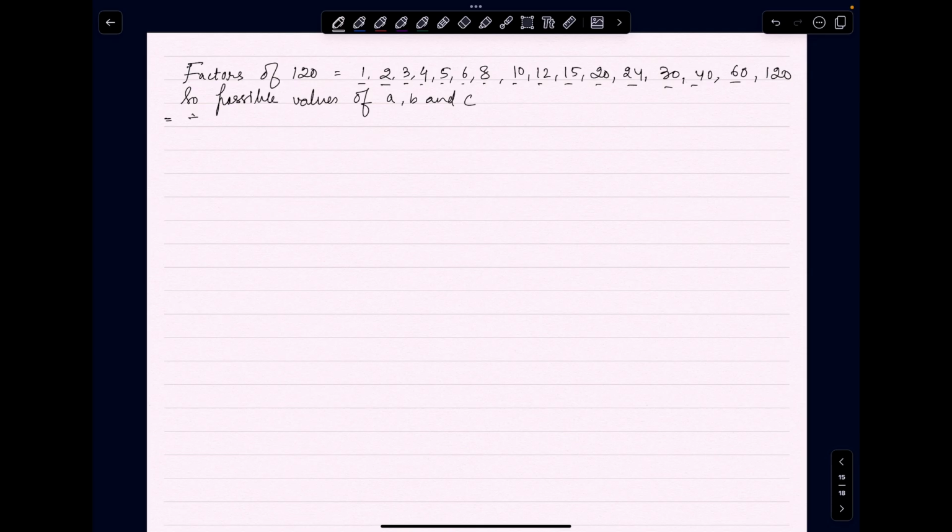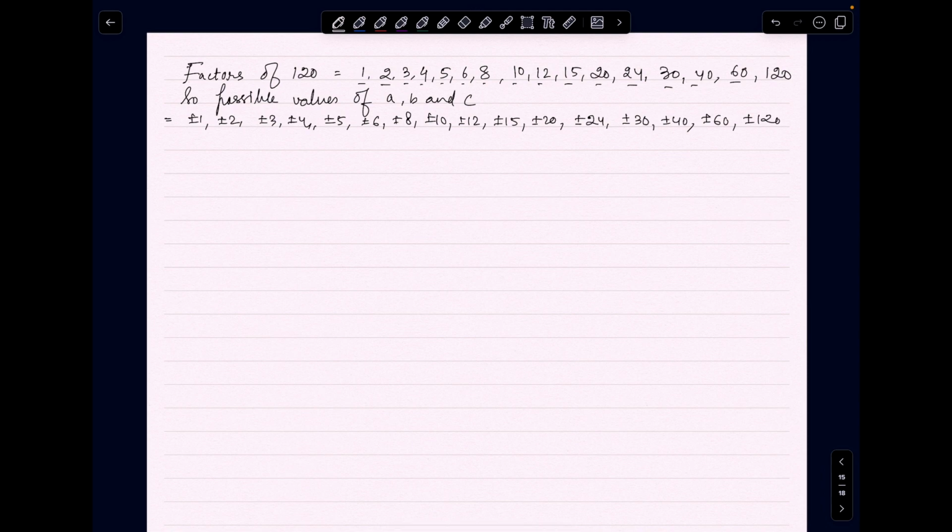Plus minus 1, plus minus 2, plus minus 3, plus minus 4, plus minus 5, plus minus 6, plus minus 8, plus minus 10, plus minus 12, plus minus 15, plus minus 20, plus minus 24, plus minus 30, plus minus 40, plus minus 60, and plus minus 120. Got my point? These are the possible values. This is 16 into 2, that is 32 numbers we are getting. You have to check 32 numbers. Okay, so let us start. There is no other way.